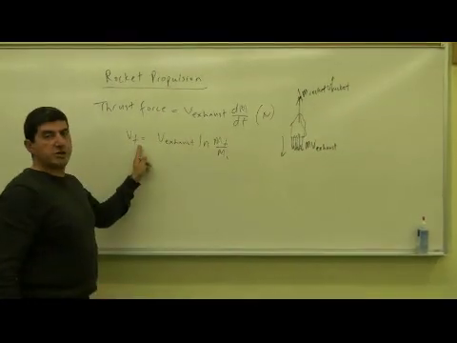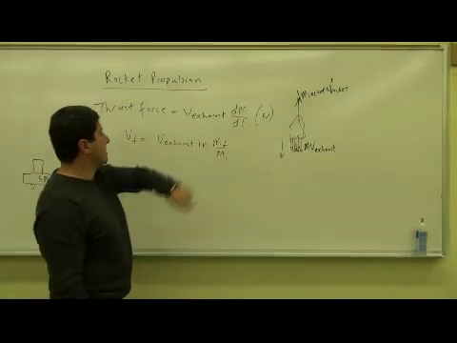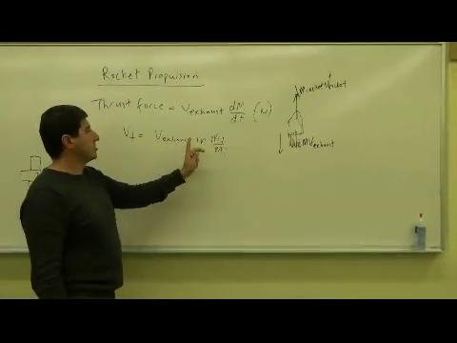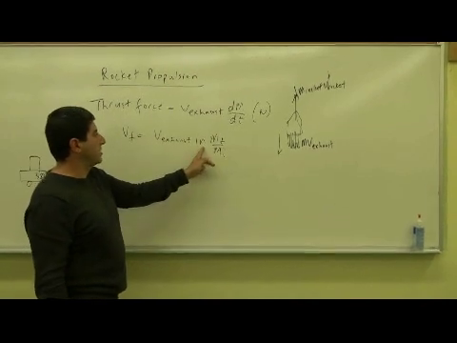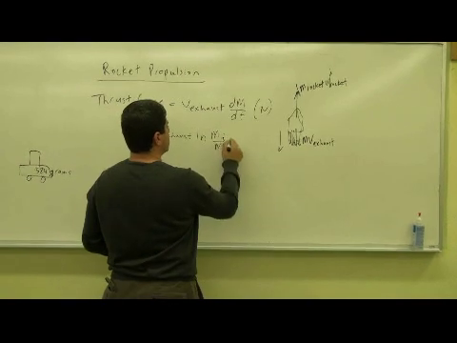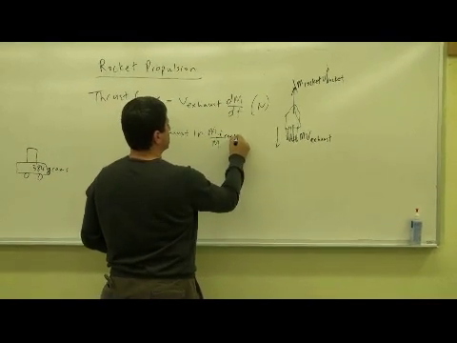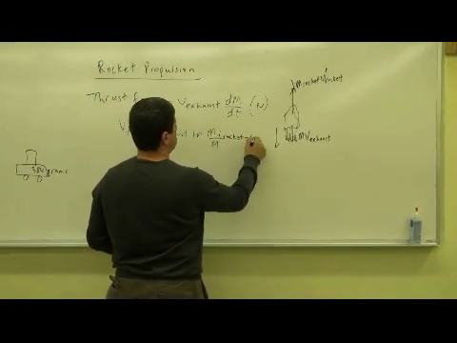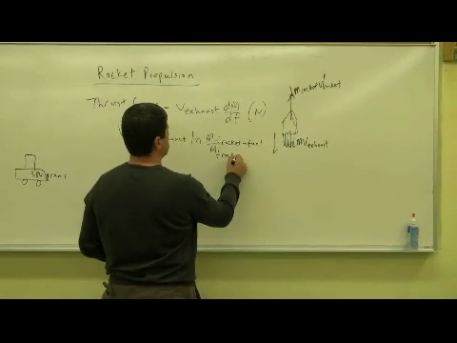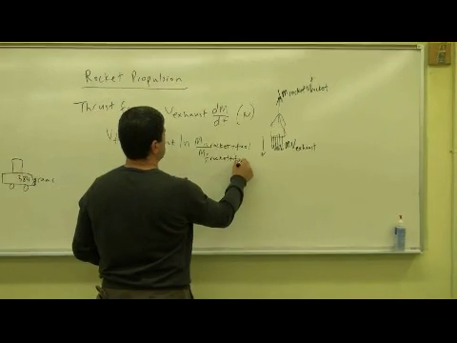And then we derived the equation for the final velocity of the rocket. It's equal to the velocity of the exhaust times the natural log of the initial mass of the rocket plus fuel divided by the final mass of the rocket plus fuel.